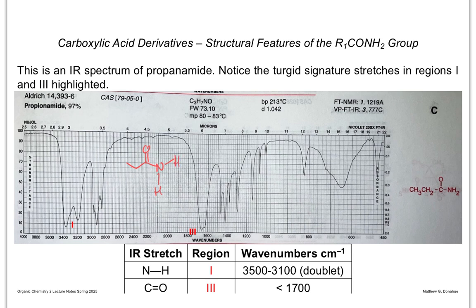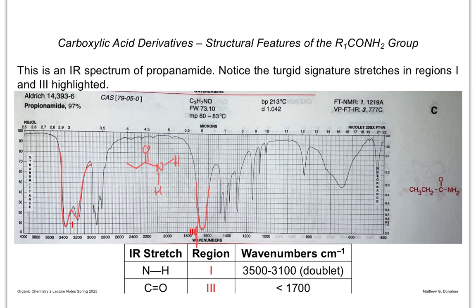And what you see in region 1 is this sort of doublet. And so that looks different from an alcohol, it looks different from a carboxylic acid, so it's indicative of a primary amide. And then we see this big old carbonyl here, and I'm not lying, 1700 is right there.